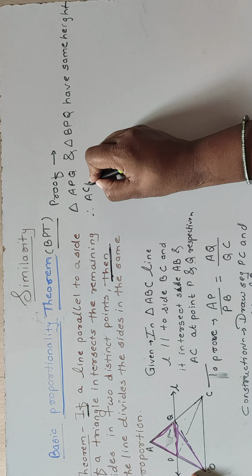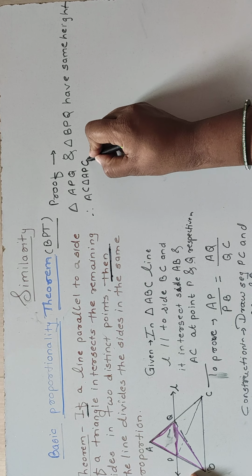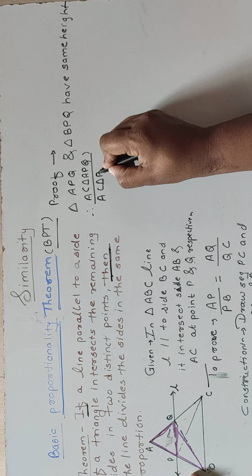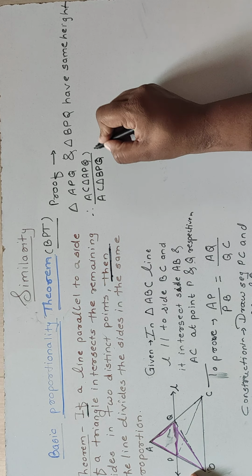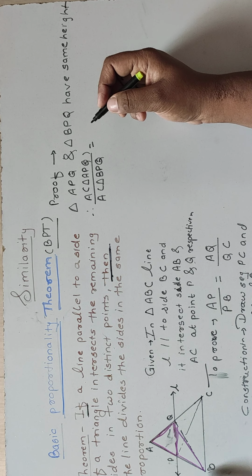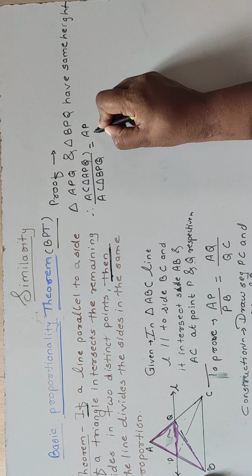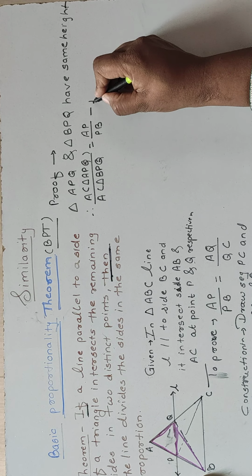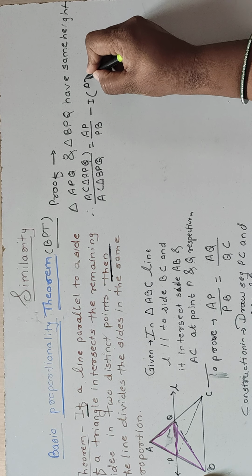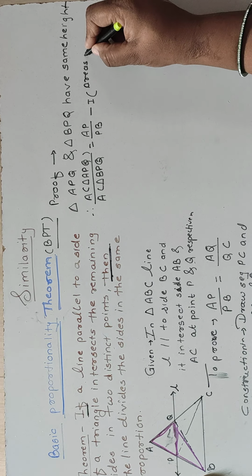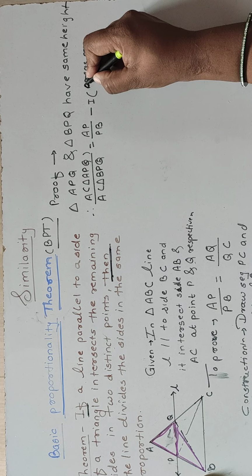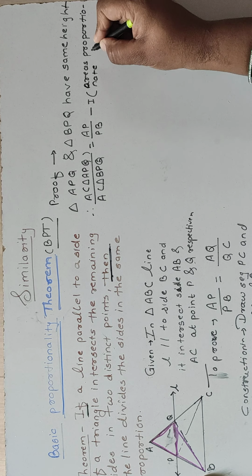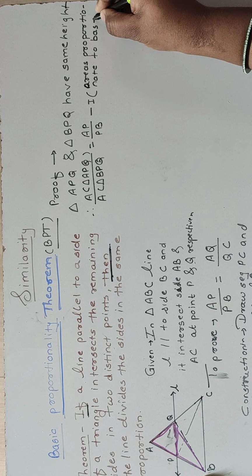Therefore, area of triangle APQ upon area of triangle BPQ is equal to AP upon PB, and the reason is that areas are proportionate to bases. Okay.